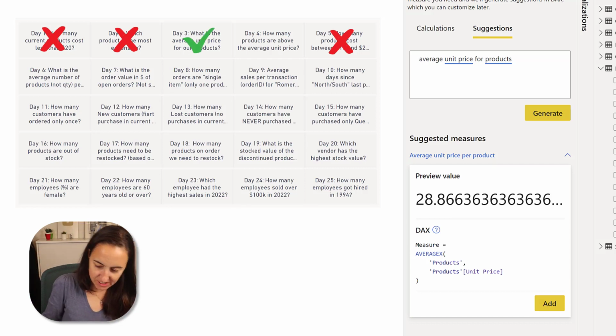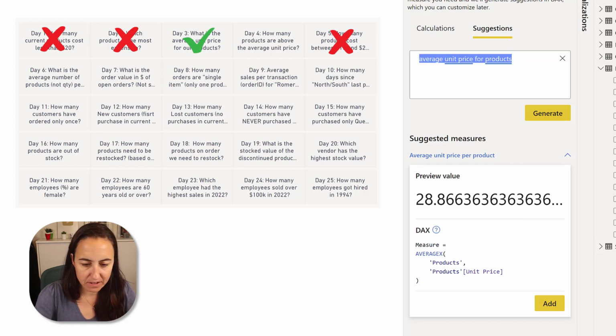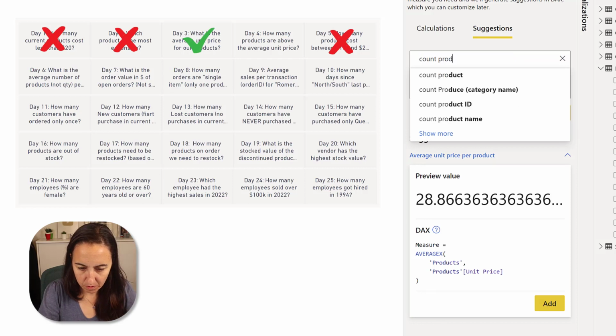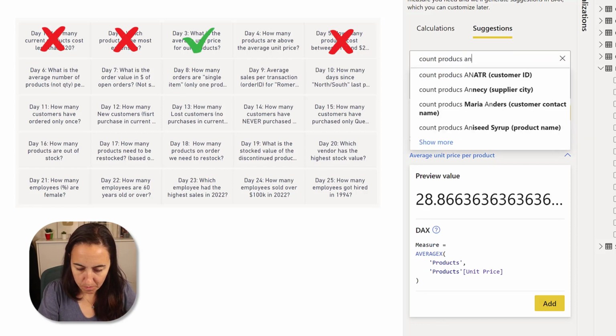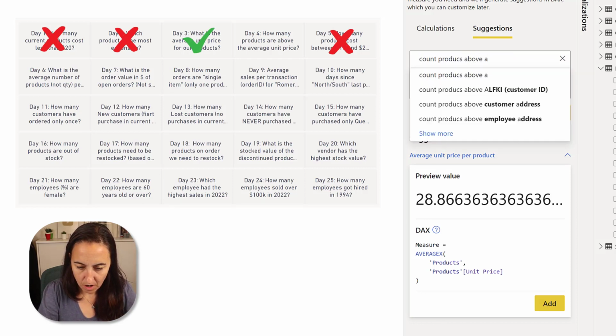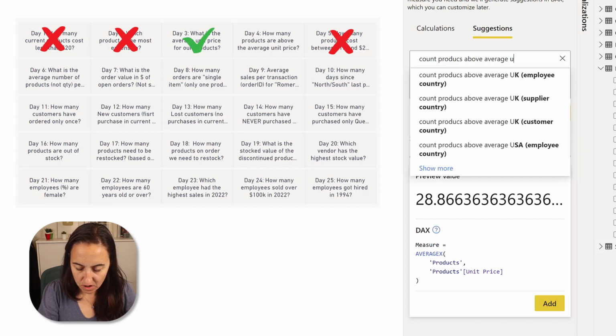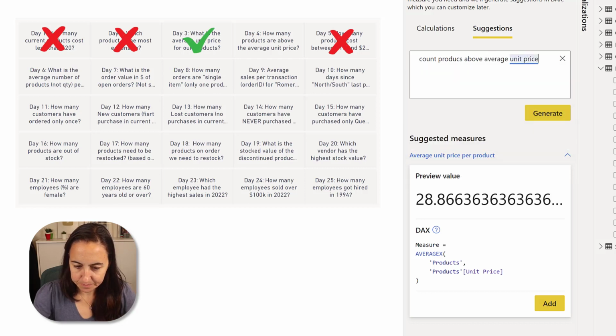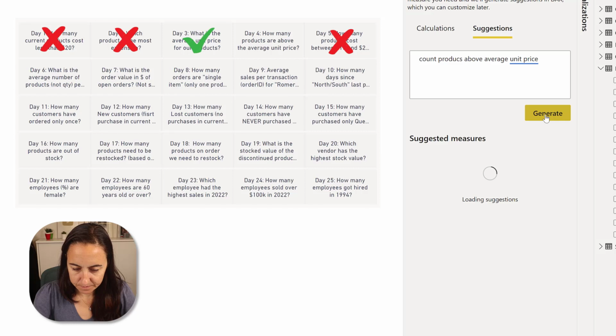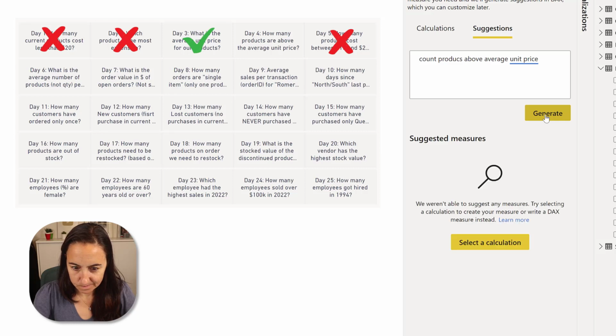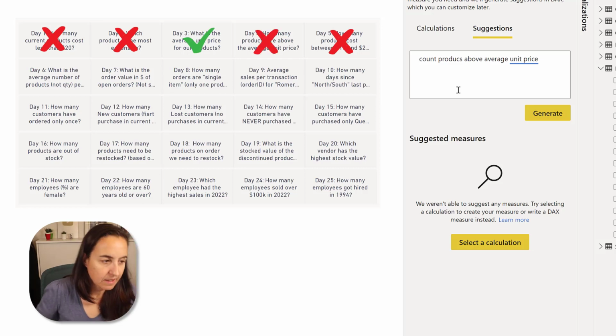Number 4, check. 5, how many products are above the average unit price? Count products above average unit price. No. No. Okay.